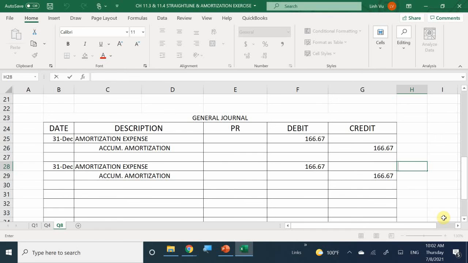Excellent. Any questions, guys? Like I said, this is the one that a lot of corporations like to use because of how easy it is. Plus, think about how many fixed assets and intangible assets they own. It's going to give them a lot of stress if they have to think, okay, this one has this, this one has this. Might as well make it consistent, make it even, and make it easy.